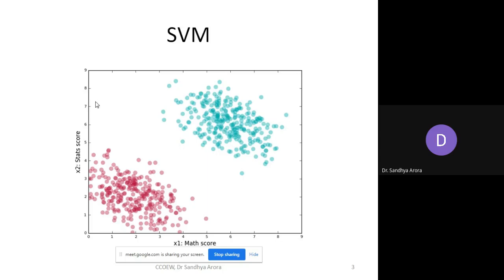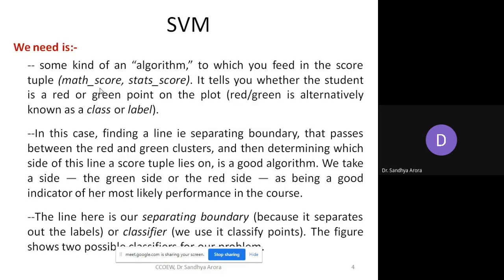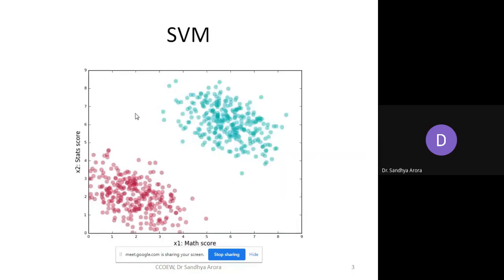Yes, you can do that. What we want is a clear separation of this data. We need a classification boundary, a line. If you can draw a line between these data items, you can say that if your data lies below this line, it is bad performance in the ML course, and if your data lies on the other side of the line, the performance in the ML course is good for those students.